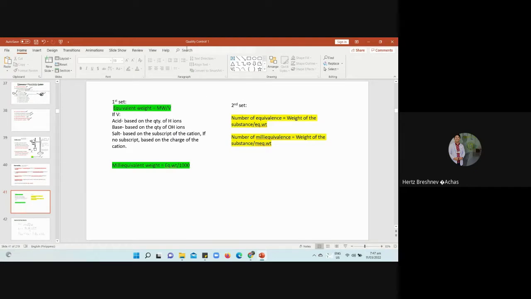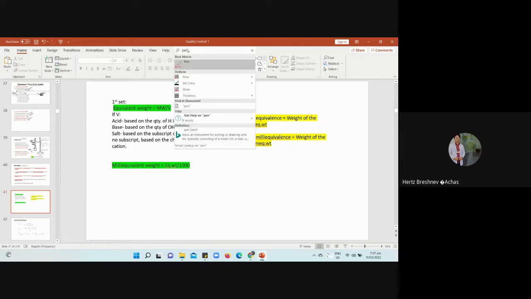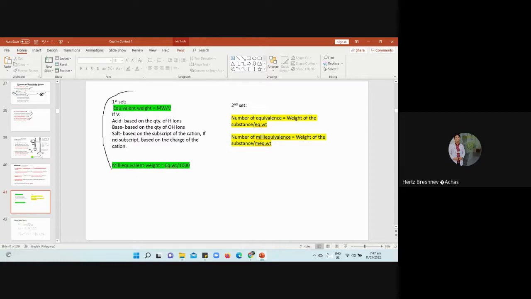Now take note. Set 1 of the formula is always performed. Meaning, you cannot proceed to set 2 if you do not perform set 1. And what is the most vital variable in the first set of formula? Molecular weight. What does that mean?